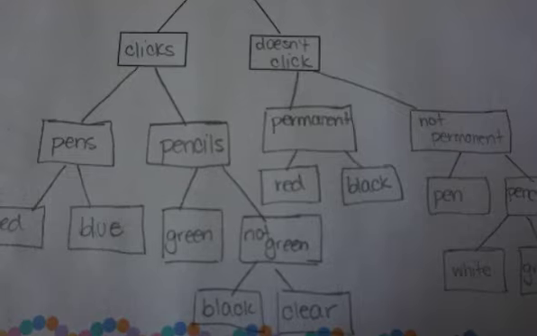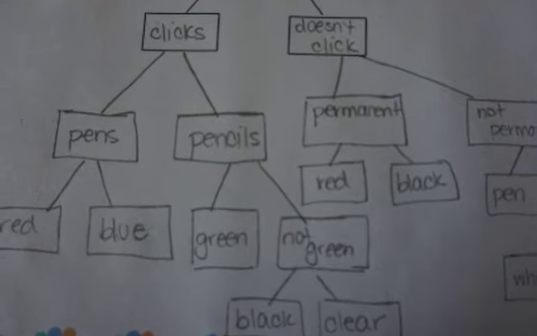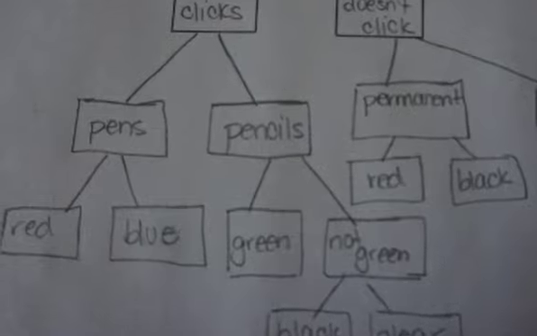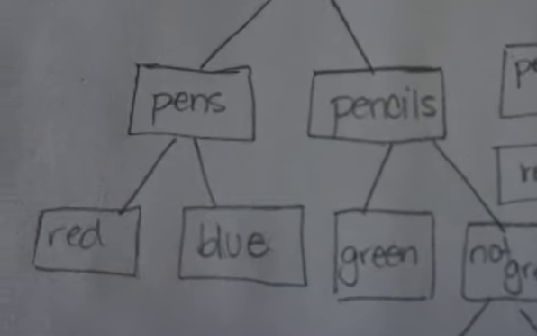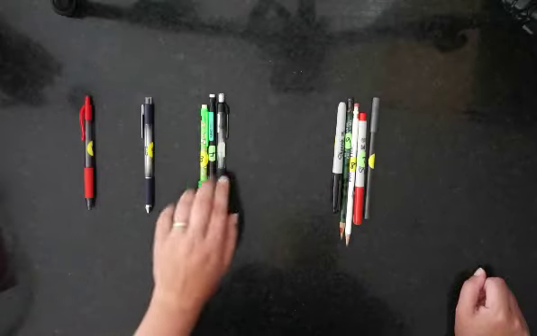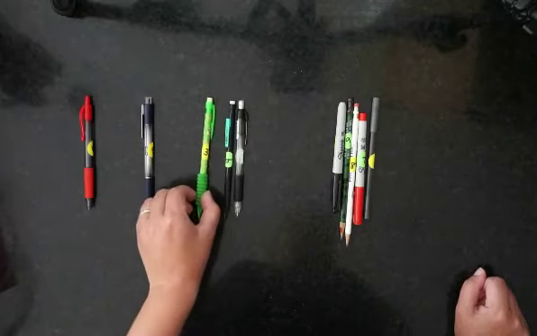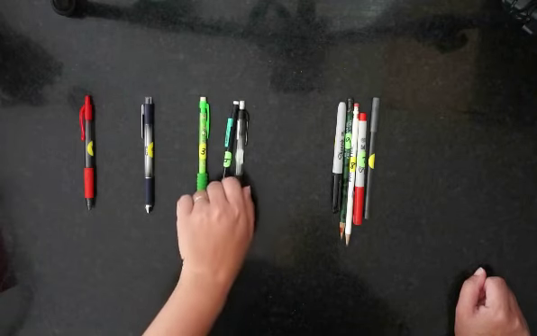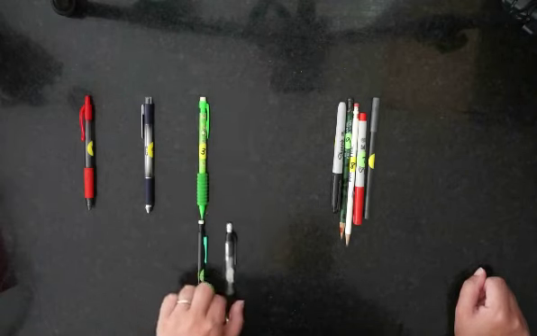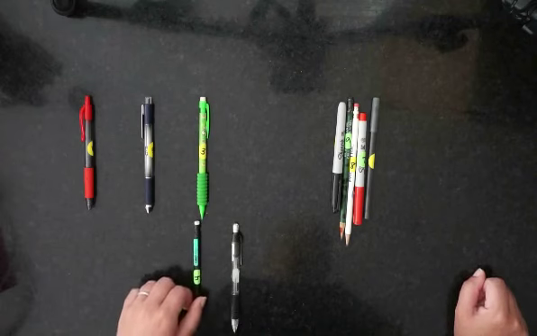And then I'm going to divide the pens further into red and blue. And the pencils will be divided again into two groups, green and not green. And then my not green pencils will be divided into black and clear.